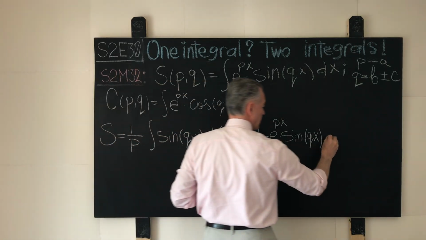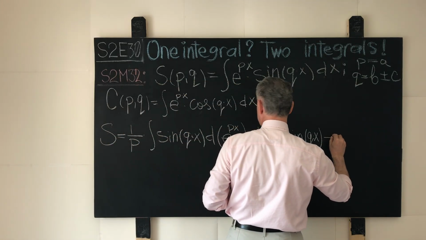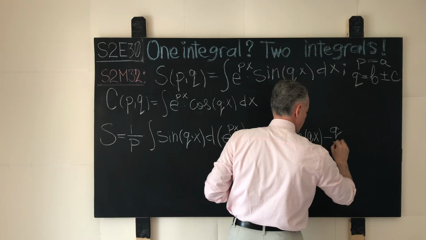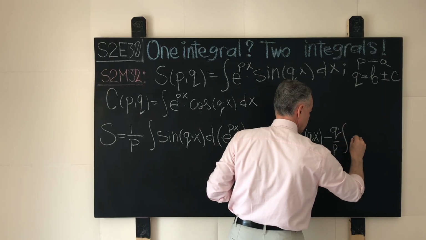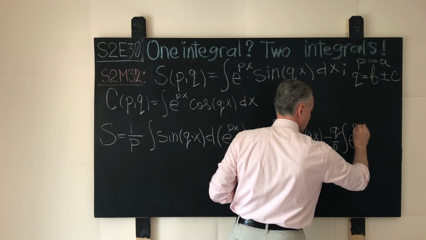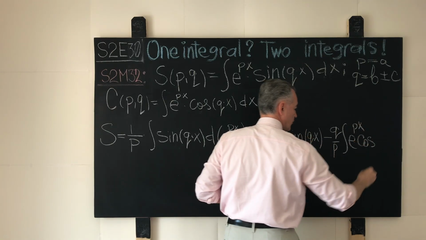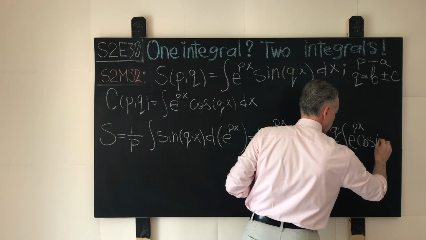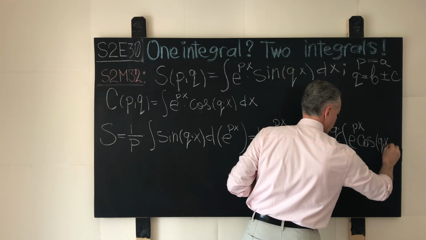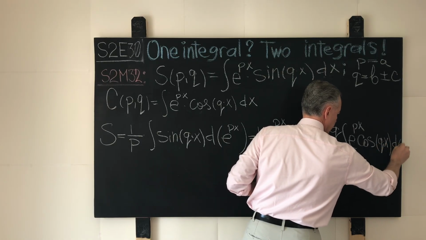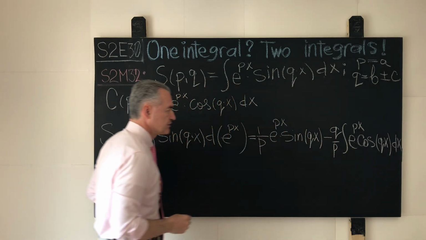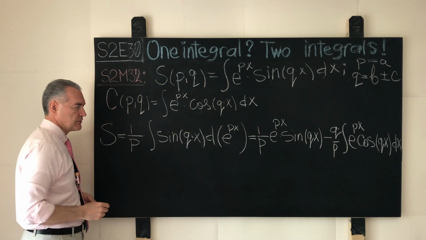So it will be minus q over p integral e to the power px times the trigonometric function of cosine evaluated at the argument q times x dx.